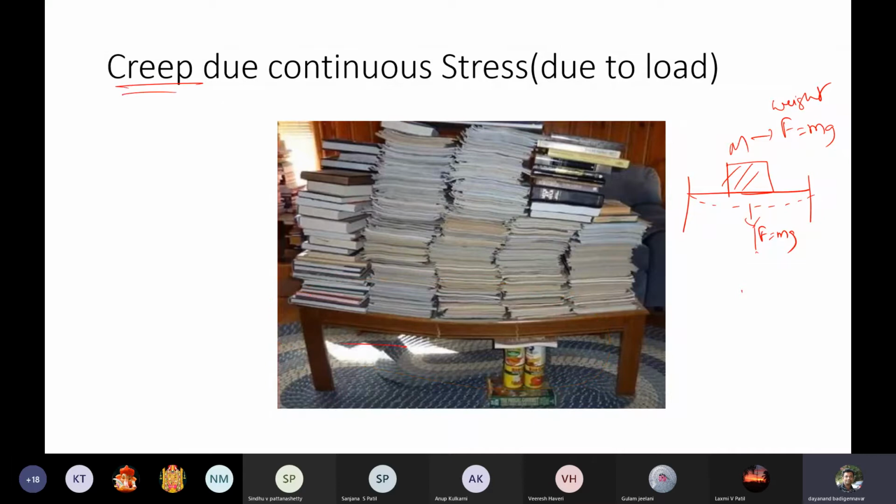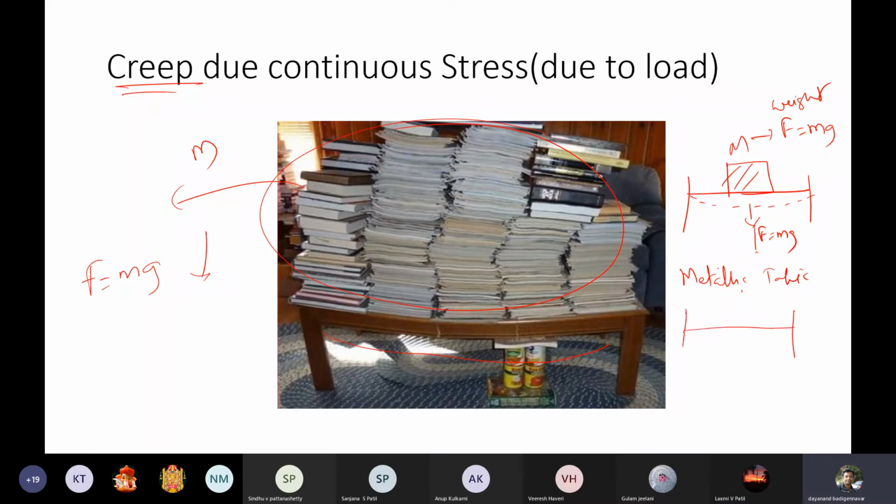But if you take a metallic table, it also bends like this.